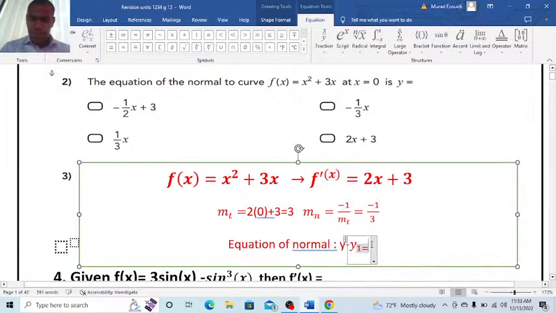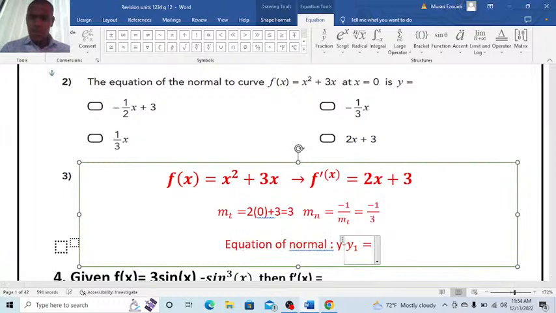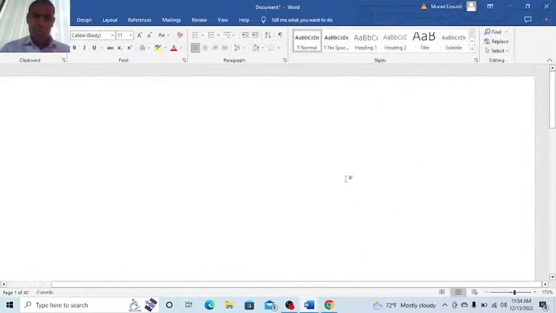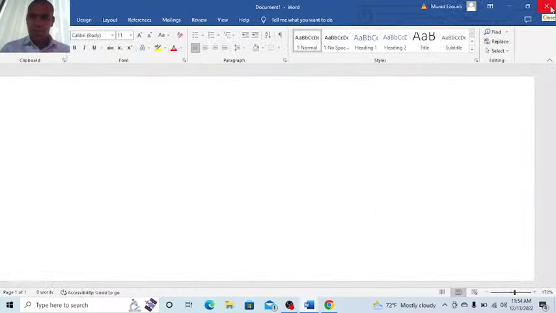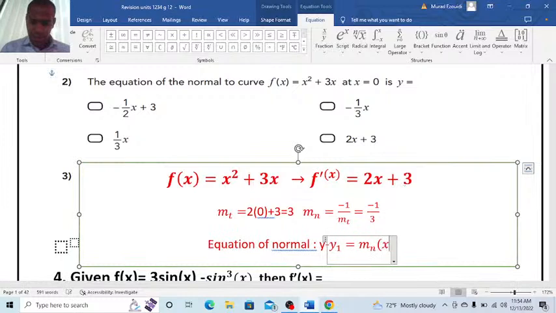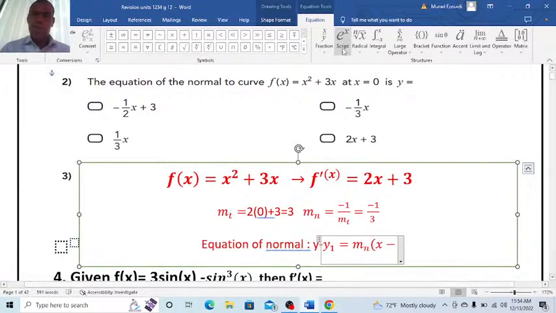Learners, we are looking for the equation of the normal, so it will be mn, small mn, the gradient of the normal, multiplied by x minus x1.